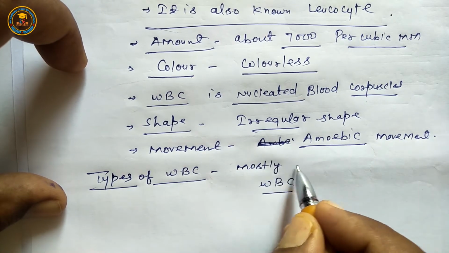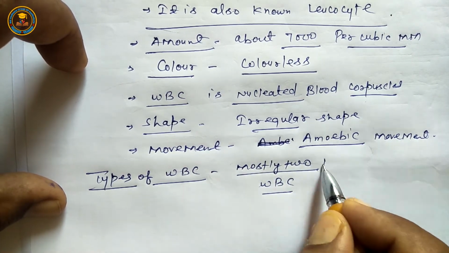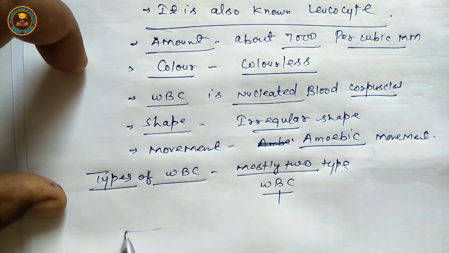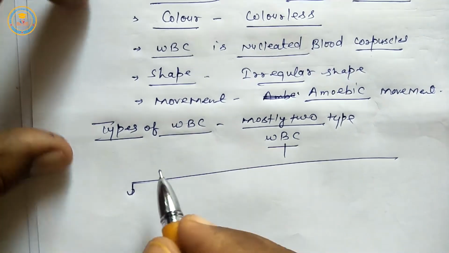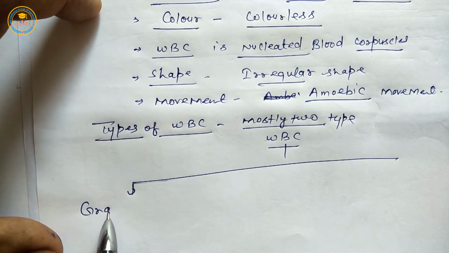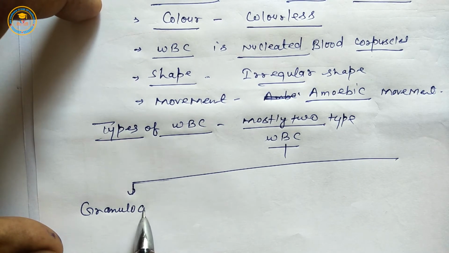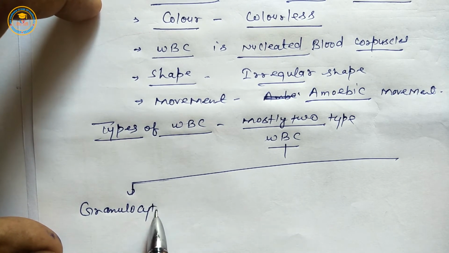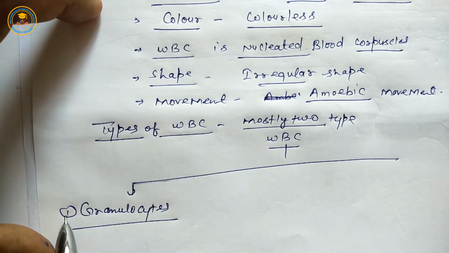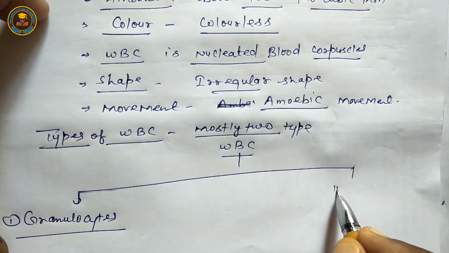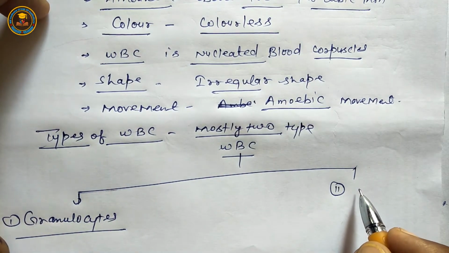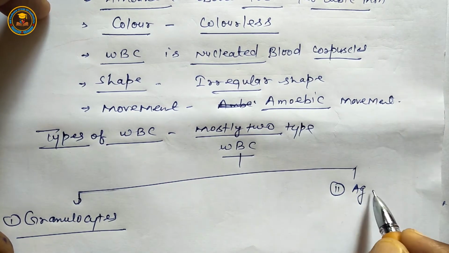Mostly two types. First is granulocytes. Second is agranulocytes.